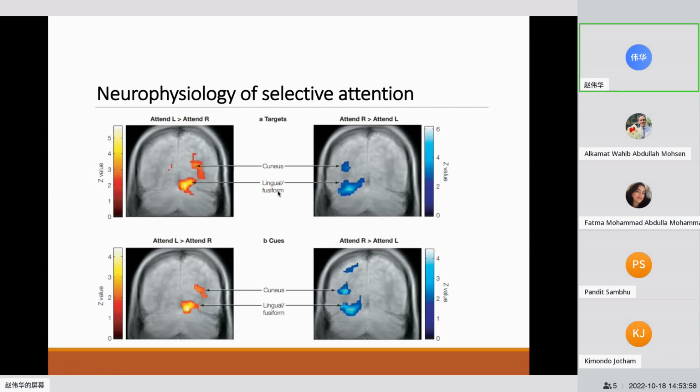The previous slide just showed one single participant. This is group level from 6 participants.